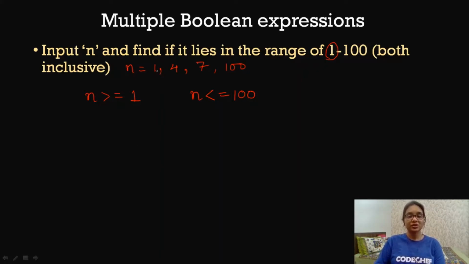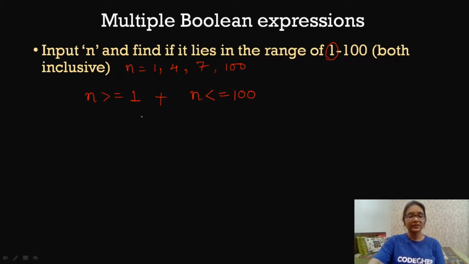Now n less than or equal to 100 only checks the upper bound, but it does not check whether n is greater than 1 or not. So n can also be a negative value like -1 or -2, and this condition will still return true. So only when both of these conditions are combined will we be able to solve this question.